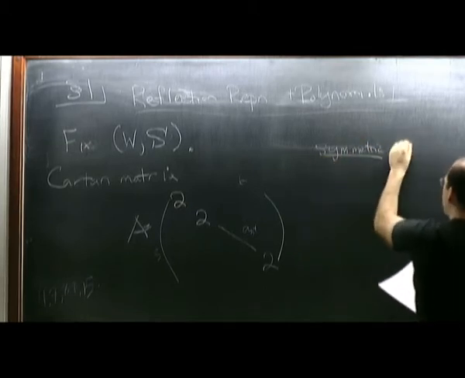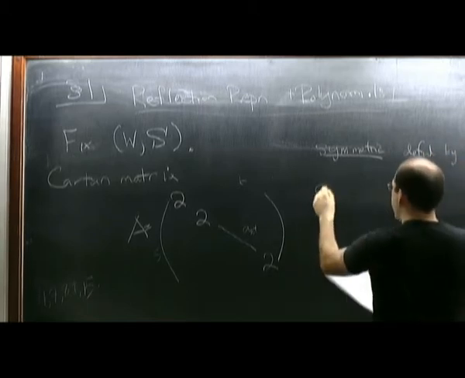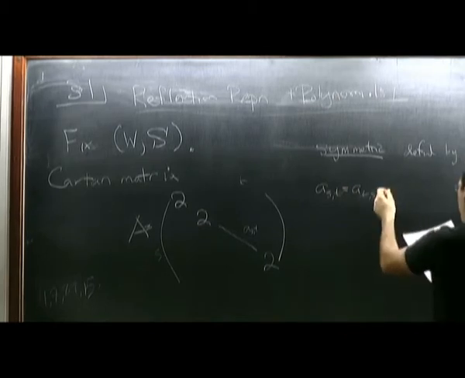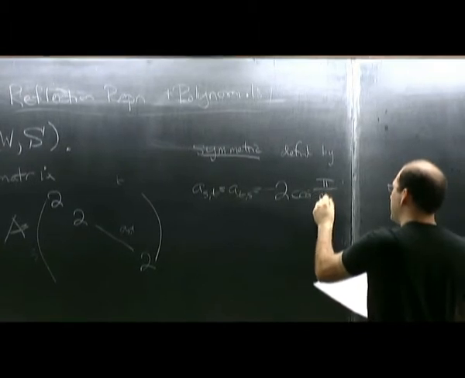This is defined by letting a_st equal a_ts equal minus 2 cos of pi over m_st.